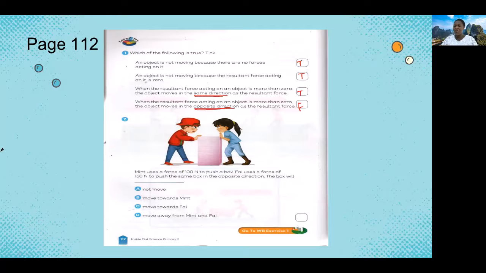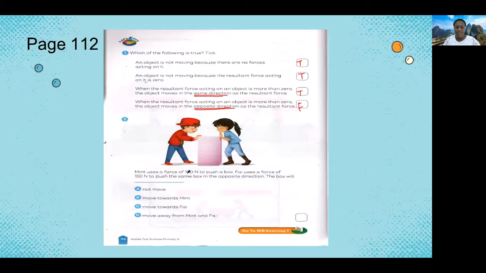The resultant force is 30 take away 20, you get 10. And that is 10 newtons towards the left, the same direction as the resultant force. Very good.